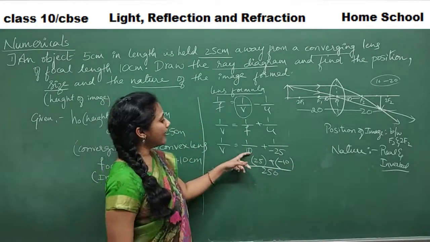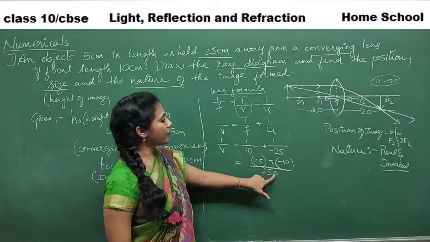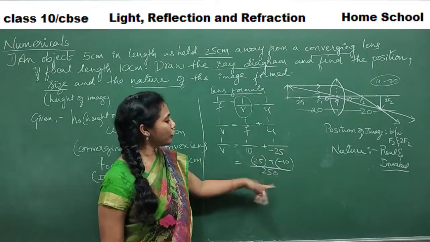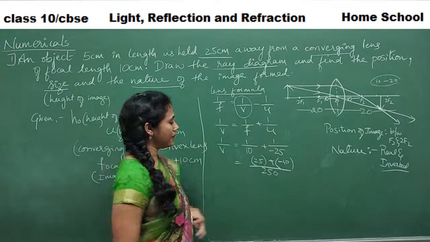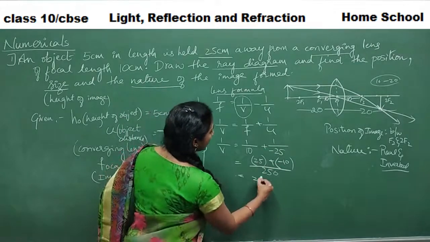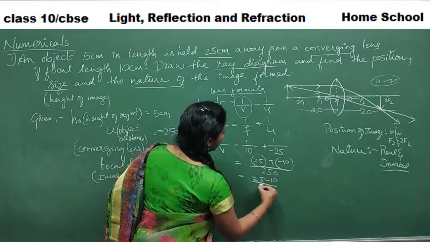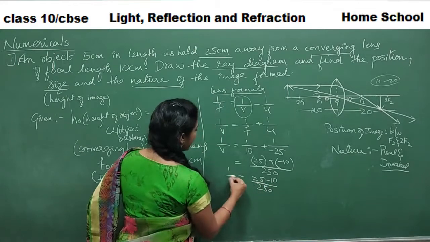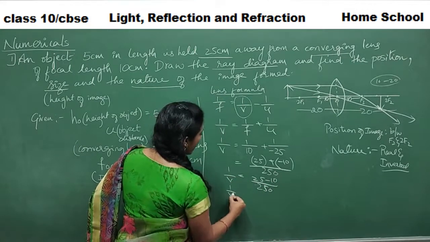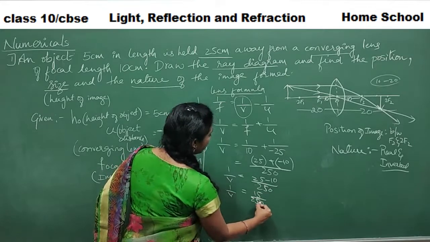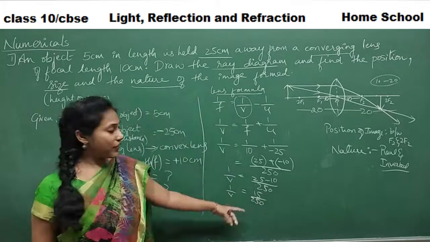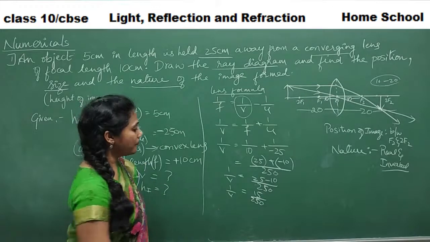Because 10 25s are 250 and 25 10s are 250. So 25, and the minus sign is there, so minus 10. So 25 minus 10 divided by 250 you will get. That is your 1 by V. So 1 by V is equal to 15 divided by 250. Yes or no? 15 divided by 250.